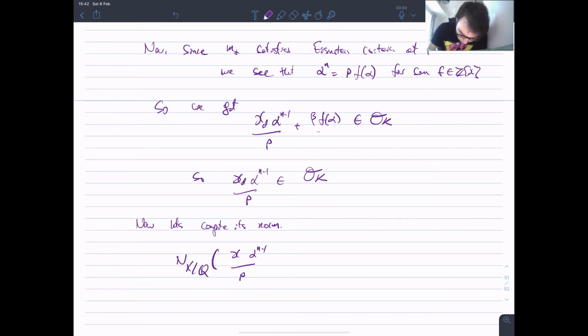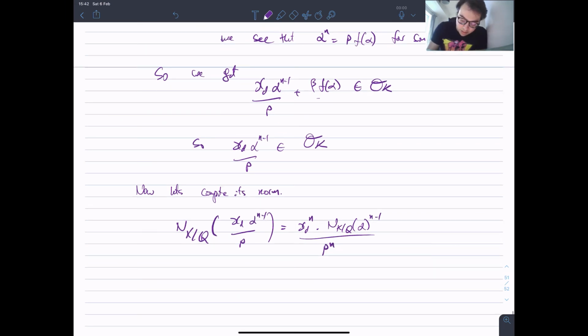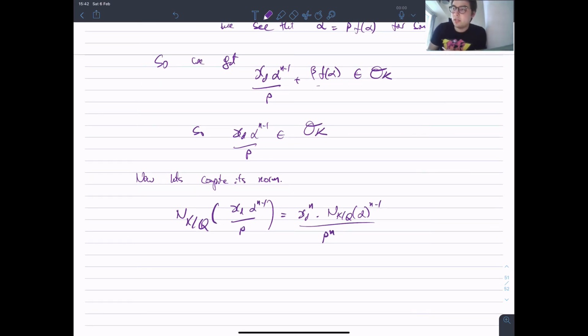The x_d is just some integer coefficient, so you're just going to get x_d to the degree of your field coming up at the front, times the norm from K to Q of alpha to the n minus 1, using the multiplicativity of the norm. And at the bottom you're going to have a p to the n because the p somehow comes out as well.